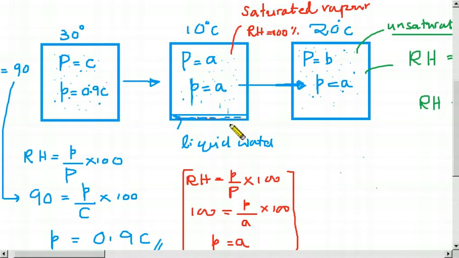Otherwise, I think you will not be able to understand this story properly. So in an air conditioner, there is a tray to collect liquid water, to collect condensed liquid water.